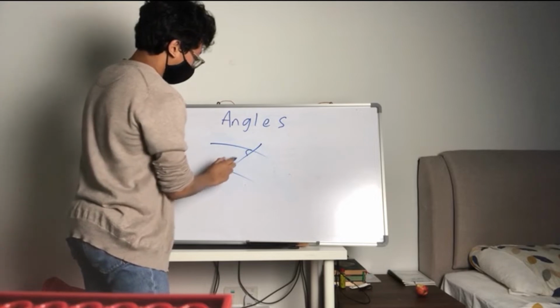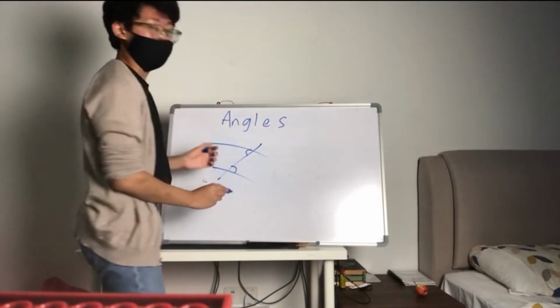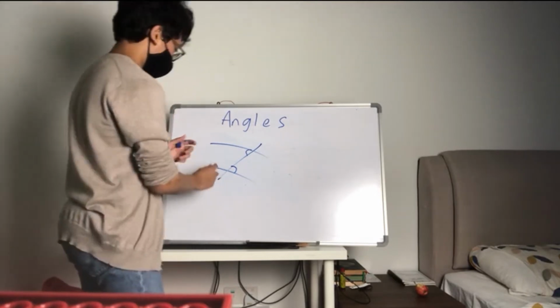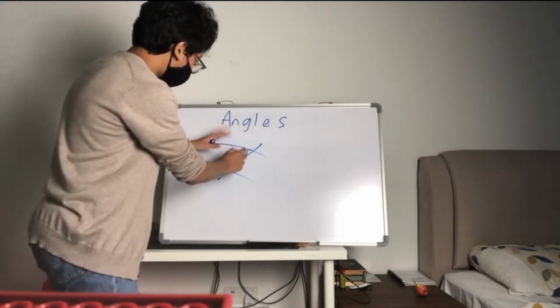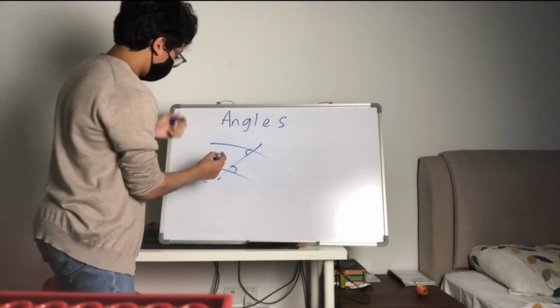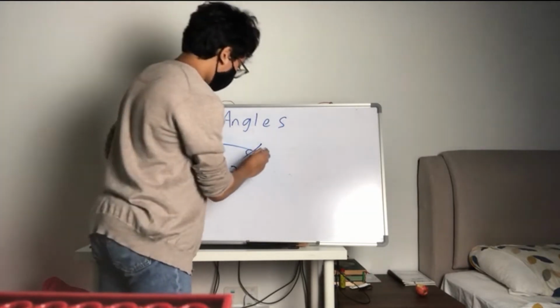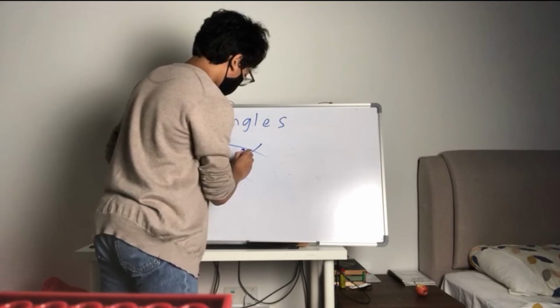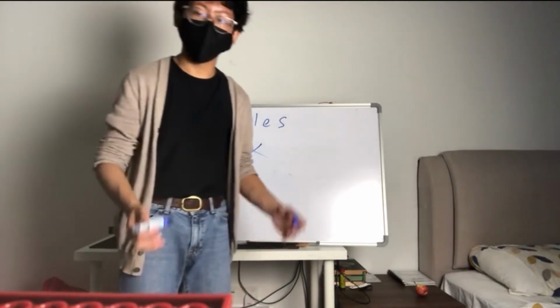This will be angle A, and the angle over here will be called angle B. Now this is what we call an alternate angle, as they are alternate to each other on parallel lines. So the thing that we have to take from here is that angle A is equal to angle B, because alternate angles are equal to each other.